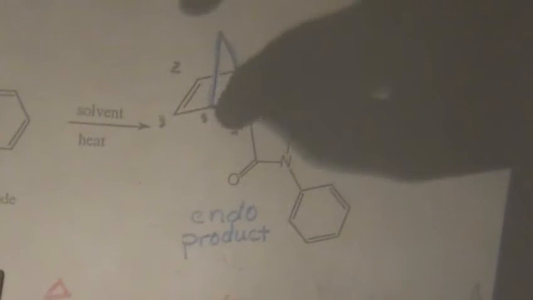So we've got 1, 2, 3, 4 are the carbons of the diene, and then we've got 5, 6 of the dienophile. So you've got the reaction here of electron movement between the double bond here, down here, back over here, to then form this ring. So this is the ring that is formed right here. These 2 bonds are the new bonds that are formed, okay?